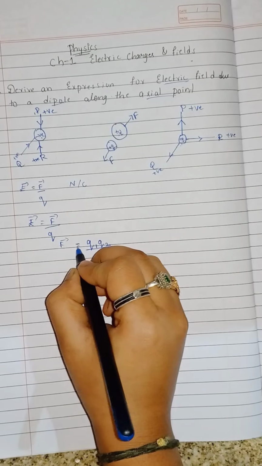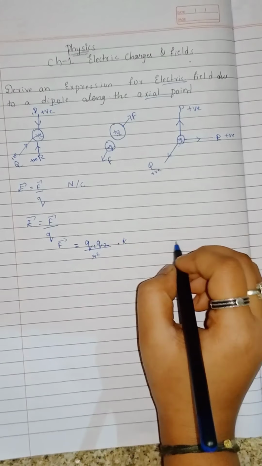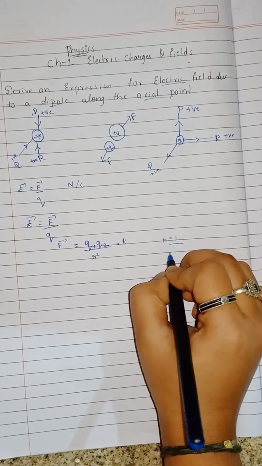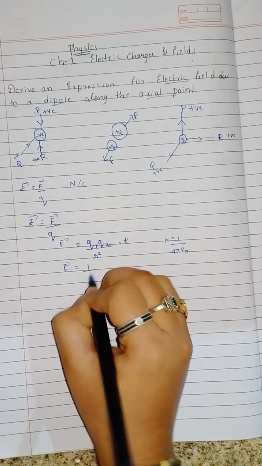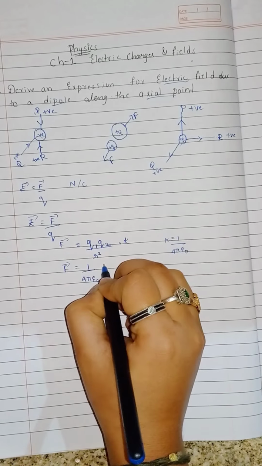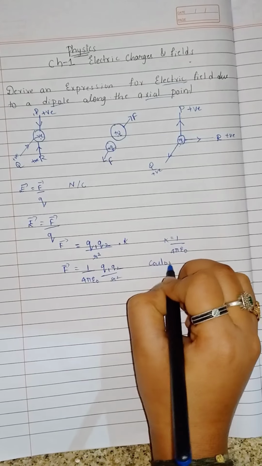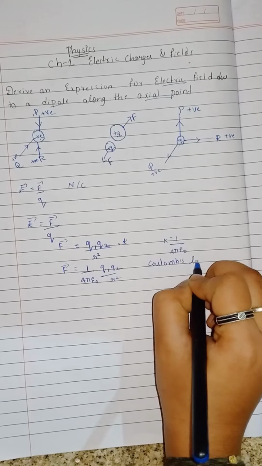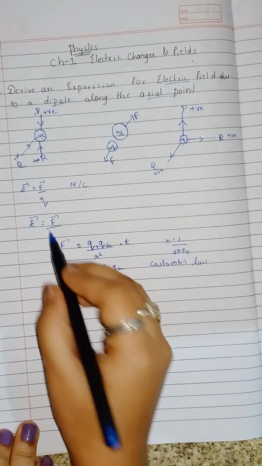To remove the proportionality symbol, we introduce a constant, which is 1 by 4 pi epsilon naught. So force is equal to 1 by 4 pi epsilon naught Q1 Q2 by r square, from Coulomb's law. We have to substitute the value of F in the electric field equation.